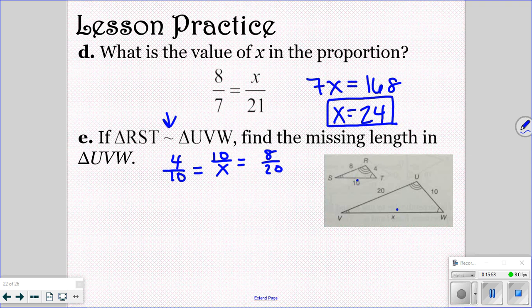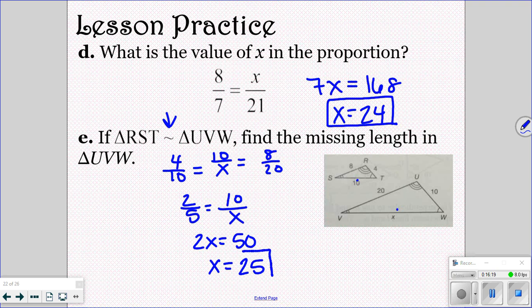You just need to pick two of these to use, either the one on the left and the middle one or the one on the right and the middle one. So both 4 over 10 and 8 over 20 reduce to 2 over 5, then 10 over x. So if you cross multiply, you get 2x equals 50, and then x equals 25. And so that would be your answer.